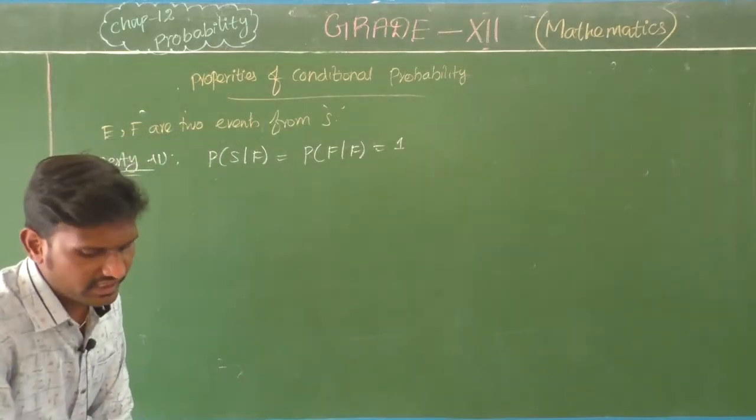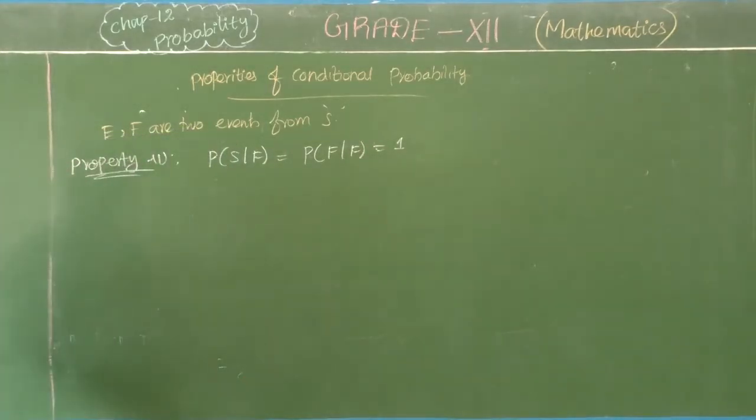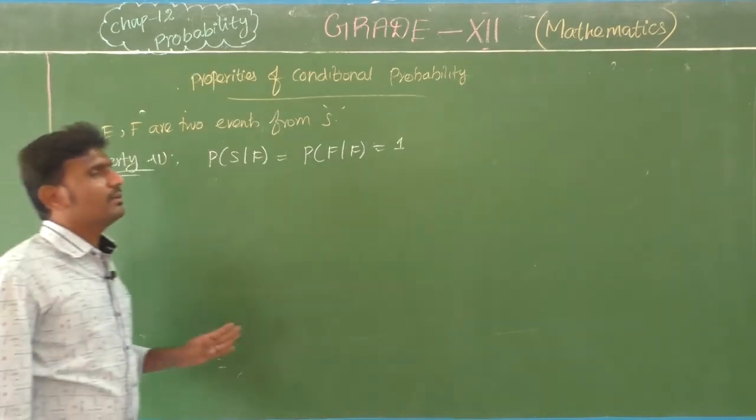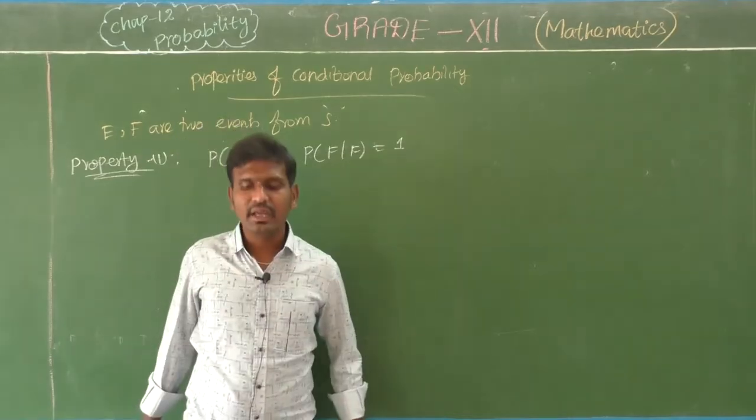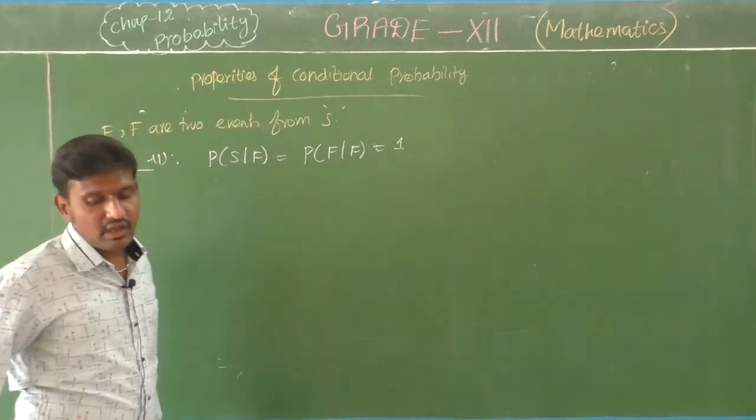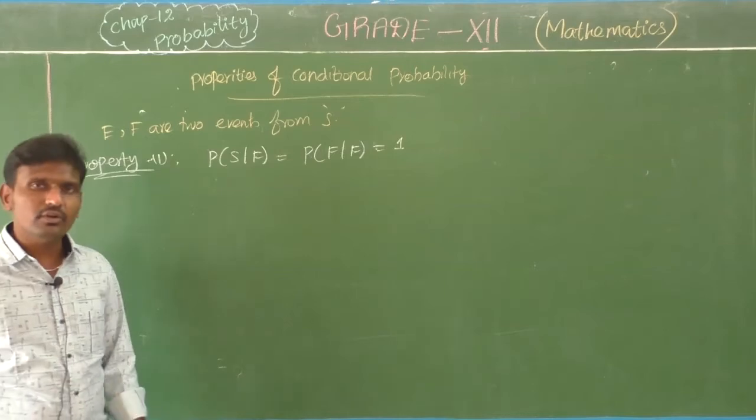Okay. அதாவது ரெண்டு ஈவெண்ட் E and F எடுக்கிறோம், அது ரெண்டுமே சாம்பிள் ஸ்பேஸ் Sலேருந்து எடுக்கிறோம். ஓகேவா? Now what we are going to prove is P of S by F, which is equal to P of F by F, on both it will come equal to 1.